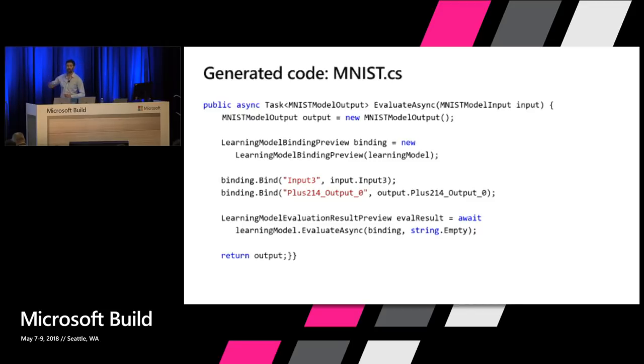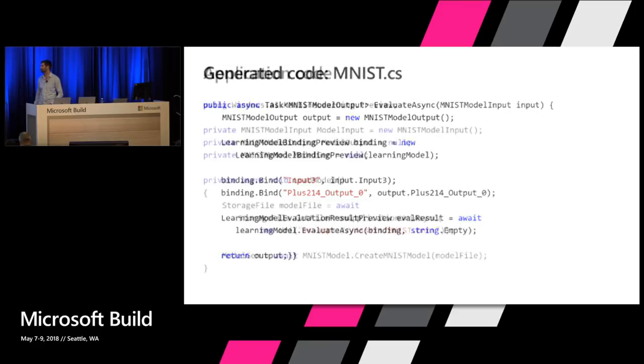So in the 2 lines that bind the input and the output, you see that the generated code has actually taken the named properties that the model was expecting, input 3 and something called plus 214 with a lot more characters afterwards, and bound my specific application data to it. Once that's done, I can just call evaluate async, and that will automatically populate the output class with the model's results. This is all code that you didn't have to write. As soon as you added an ONNX file to your project, Visual Studio just did it for you.